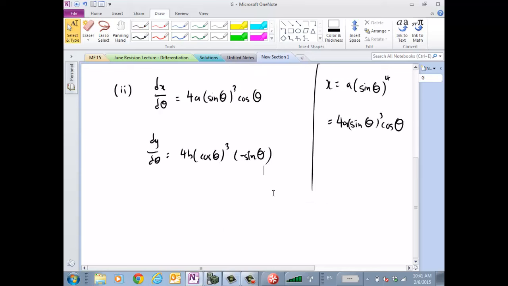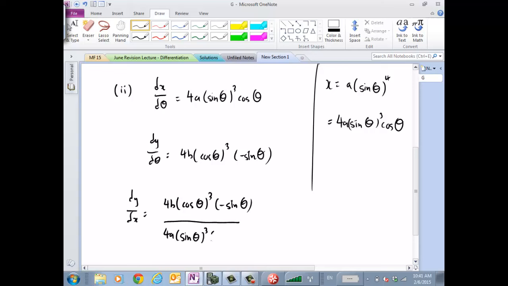So once this is done, you just need to do dy dx. If you do it, your working will look something like this. Alright, you just do the simplifications, things can cancel off.